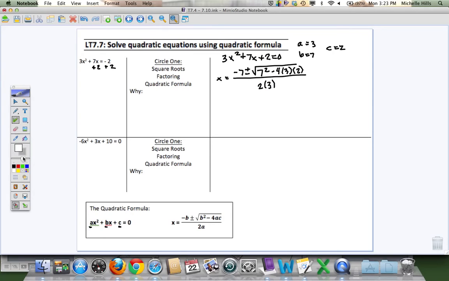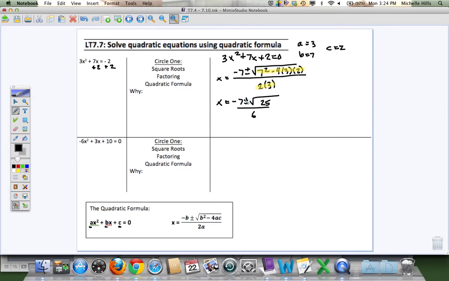When I get ready to simplify this next, all I'm going to do is the 2 times 3 part and what's underneath the radical. I'm not actually going to take the square root of anything yet. So x equals negative 7 plus or minus the square root of, well, 7 squared minus 4 times 3 times 2 is 25. And then the denominator, 2 times 3, is 6.